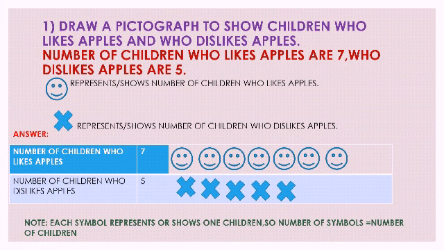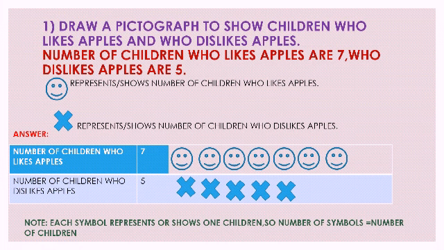That means 1 smiley means 1 child, 2 smileys mean 2 children, 3 smileys mean 3 children. Similarly, a cross is given. A cross means 1 child dislikes apple, 2 crosses mean 2 children dislike apple, 3 crosses mean 3 children dislike apple.